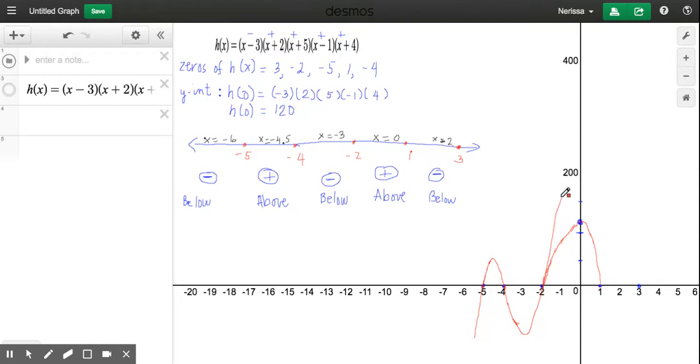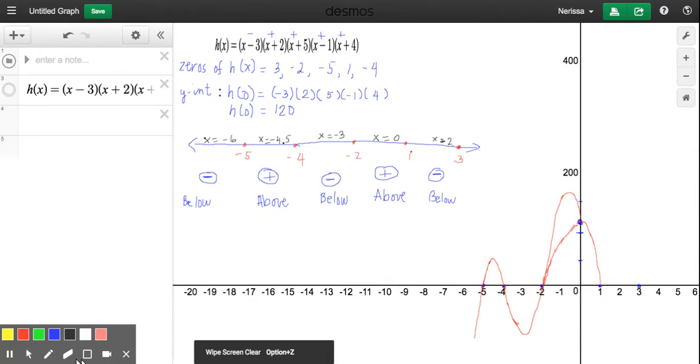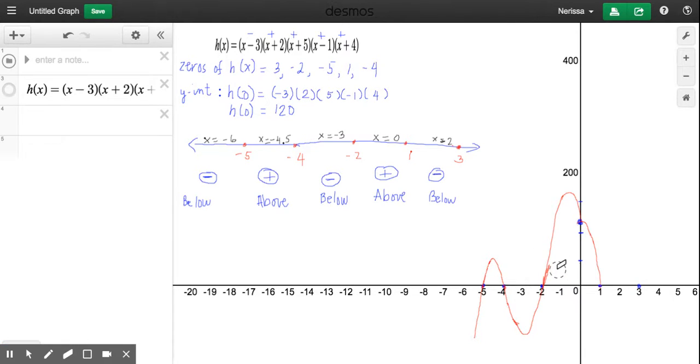Now, here we don't know how high it's going to go. Maybe it will go up like this and then come down to hit that and then go here. So maybe this is more, although we don't really look for the highest point. We just want to make sure that our graph goes through the x-intercepts and the y-intercept.